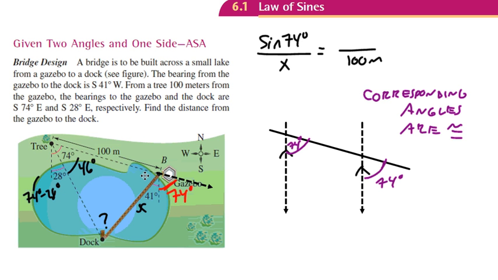So I can say x plus 41 degrees plus 74 degrees equals 180. Then I can subtract 74 and 41 from 180, and our x here is going to be 65 degrees. So that's what I can put right here now for x.